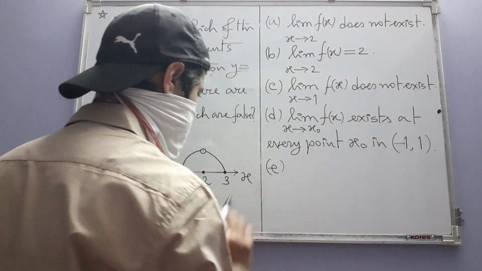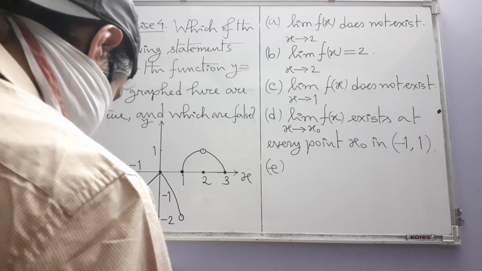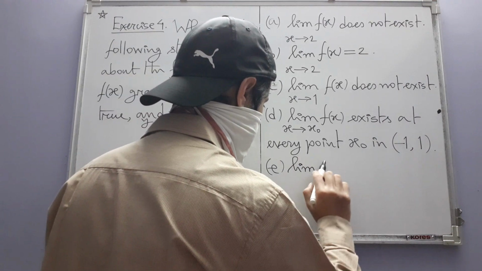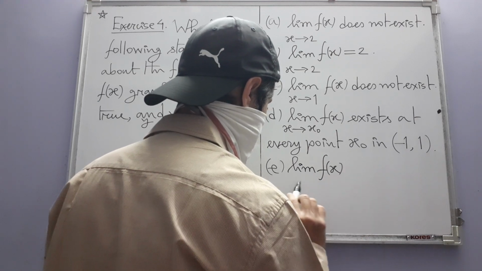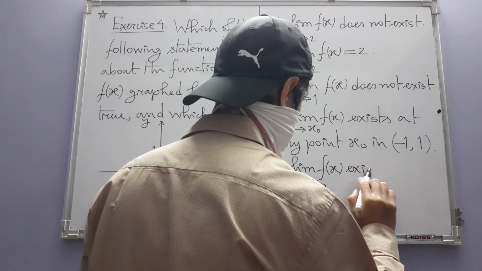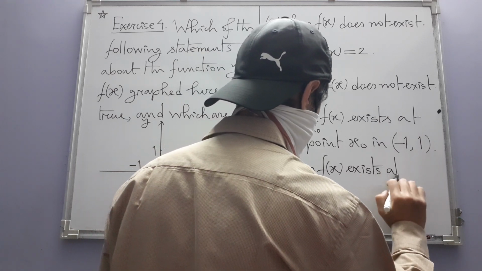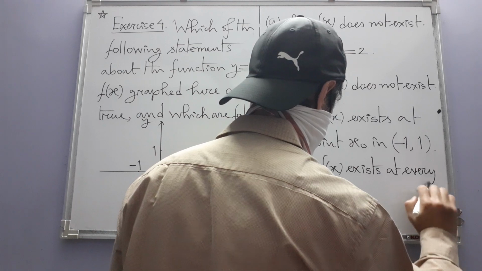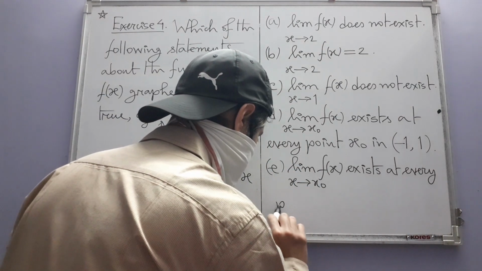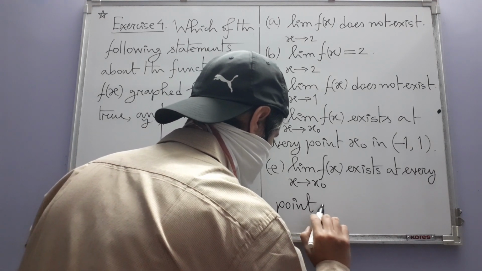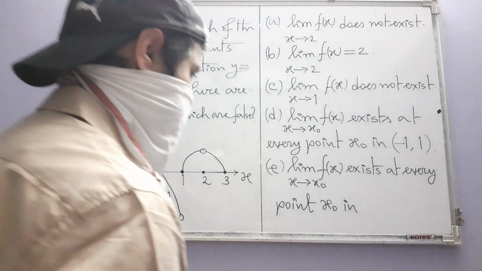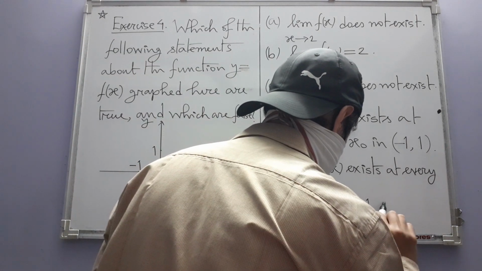And part E: the limit exists at every point x naught in, now the interval is 1, 3.